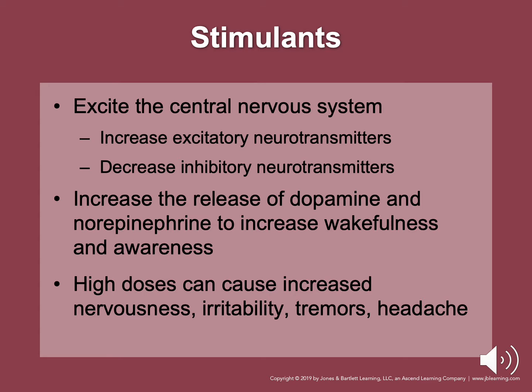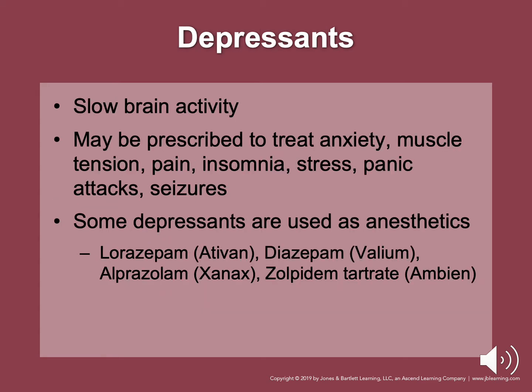All right, depressants slow brain activity and may be prescribed to treat anxiety, muscle tension, pain, insomnia, stress, panic attacks, and seizures. Some are used as anesthetics, and some examples are Ativan, Valium, Xanax, Ambien. Psychotherapeutic drugs block dopamine receptors in the brain and treat illnesses such as schizophrenia and depression.